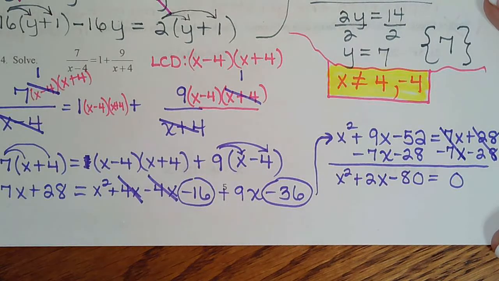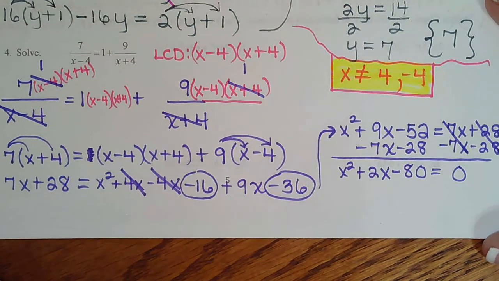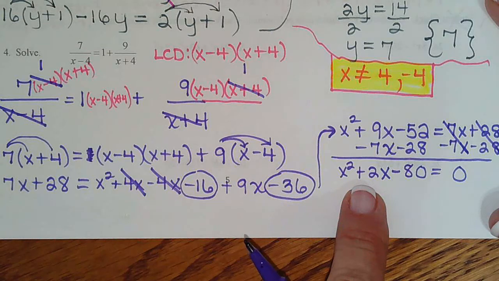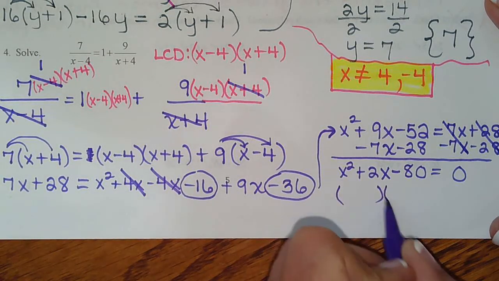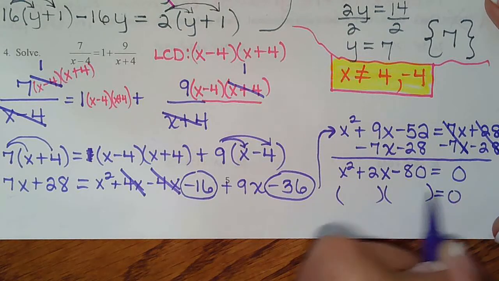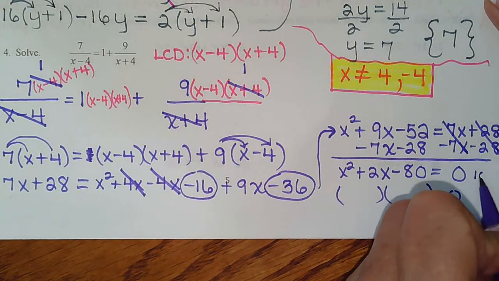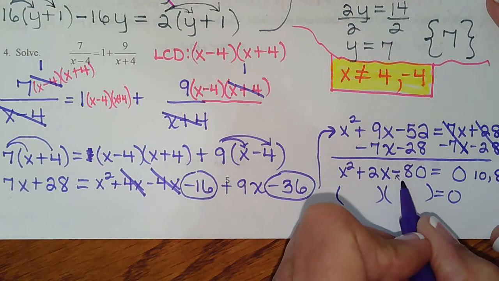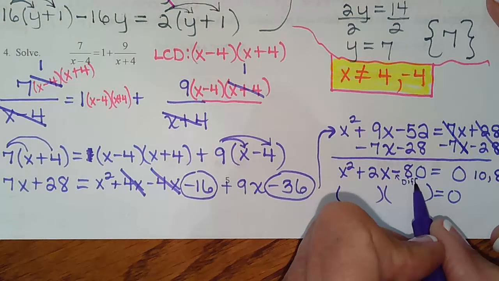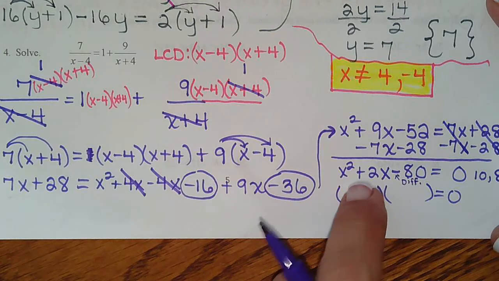So now we have a regular quadratic function we learned in chapter 4, section 4.8. First you set it equal to 0, then you factor. Factors of 80 that subtract to 2 would be 10 and 8. And this says the signs are different. And this says make sure the largest one's plus.